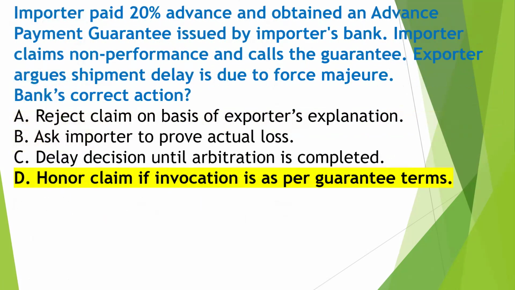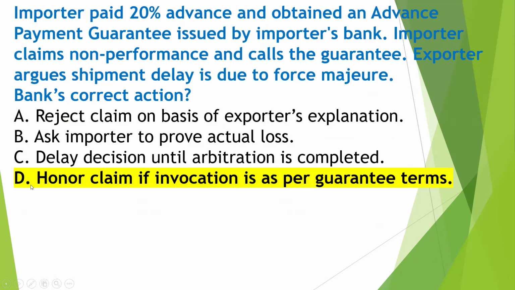Okay, let's see the next question. I think the next question's answer is already given, so we'll see just the question. The importer paid 20% advance and obtained an advance payment guarantee issued by the importer's bank. The importer claims non-performance and calls the guarantee. The exporter argues the shipment delay is due to force majeure. So in this case, what will happen? What will be the bank's correct action?